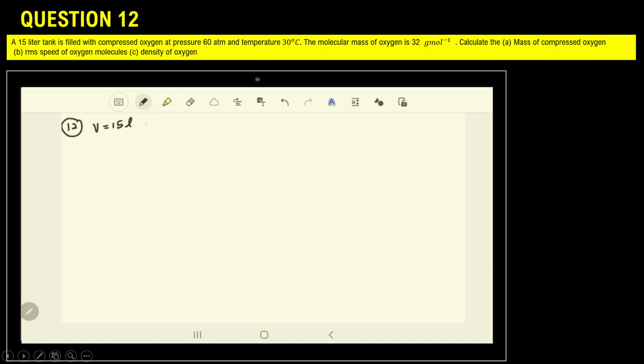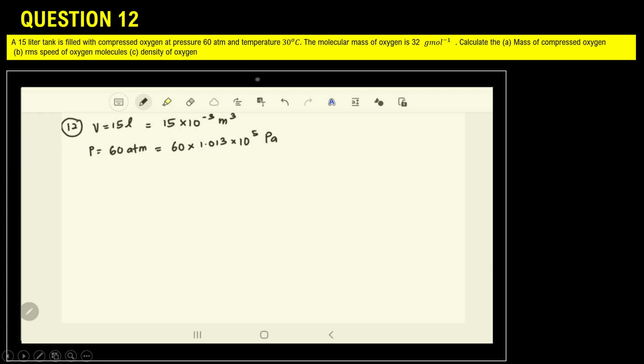Okay, and it's equal to 15 times 10 power of negative 3 meter cube. Okay, and the pressure is in atm unit, so you can change the unit into Pascal. So it's equal to 60 times 1.013 times 10 power of 5 Pascal.